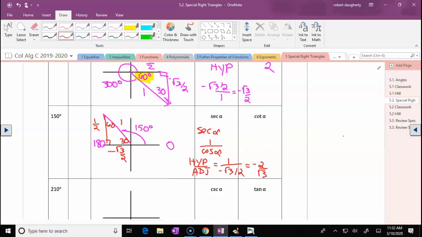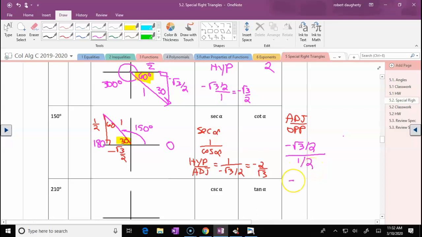What's the definition of cotangent? Cotangent is adjacent over opposite. Here's my angle. What's the adjacent side? It's negative root 3 over 2, divided by the opposite side, which is 1/2.